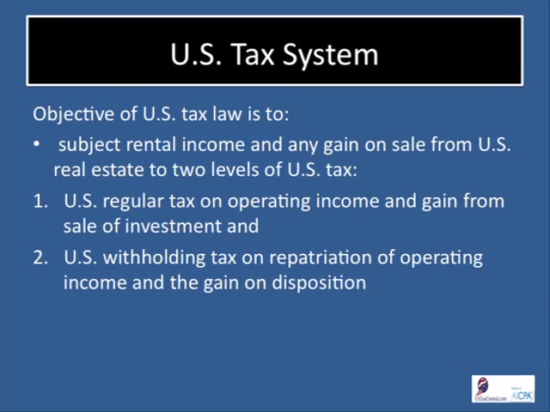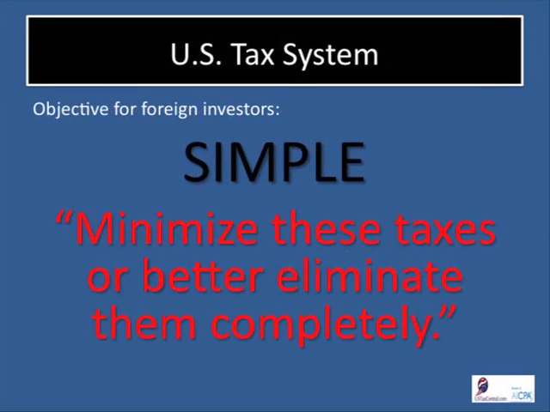On the next slide, the US government, its objective is to tax you. And you as an investor, your objective is different. Your objective is to minimize these taxes, or better still, eliminate the taxes.